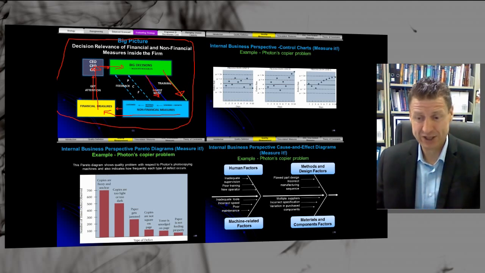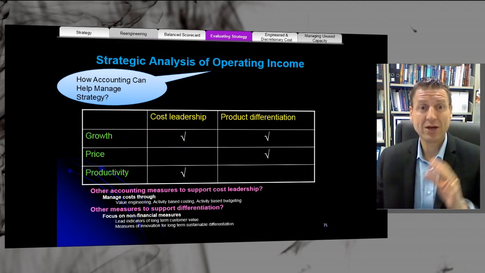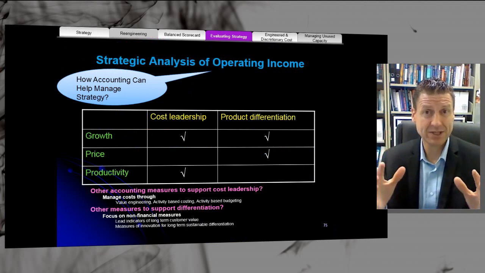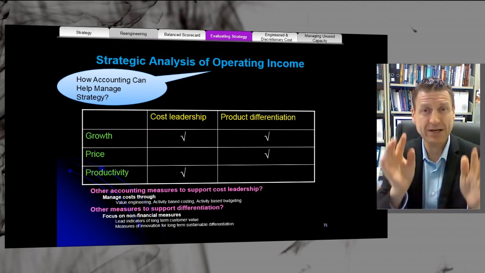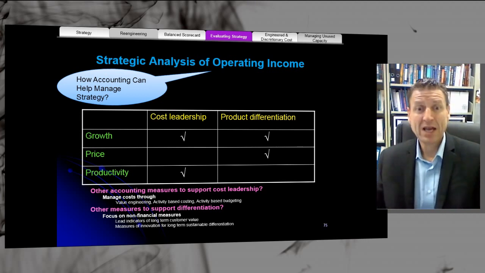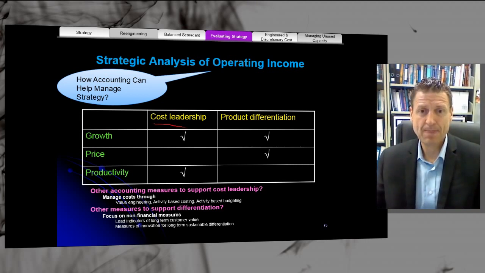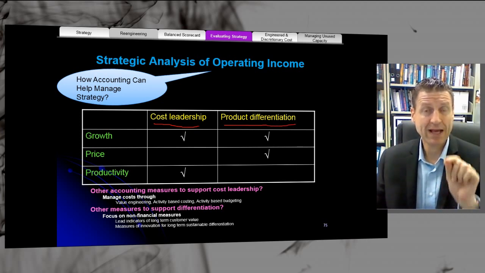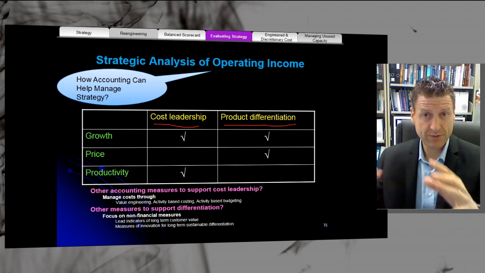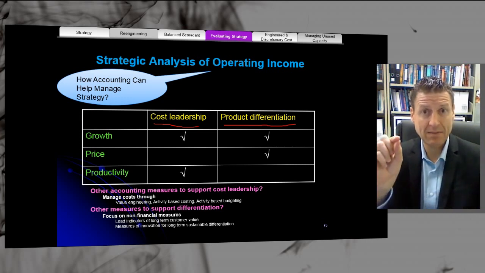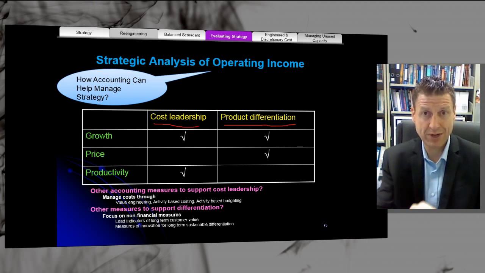In the next section, we're going to look at the strategic analysis of operating income. Now, depending on the company's strategy, whether it's cost leadership or product differentiation, and we have covered that in previous areas. Cost leadership is where the major bulk of your customers are focusing on price when they're buying your product.